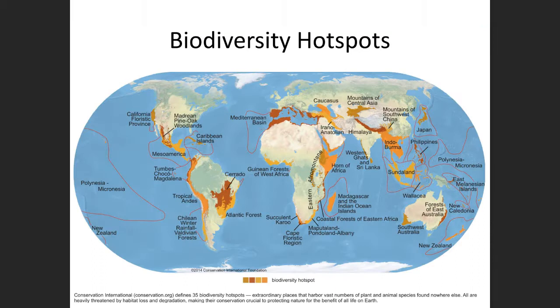So if we look at these hot spots across the globe, those are the areas that are in like oranges and browns. And a lot of these are rainforests, right? Central America, South America, some parts of Africa, India, right? These are places that have rainforests, a lot of different plants and animals live here. But this is one way to focus conservation, is to really focus on these hot spots.